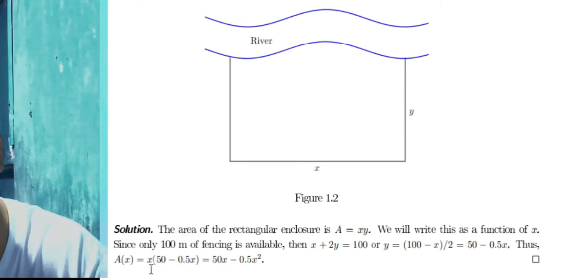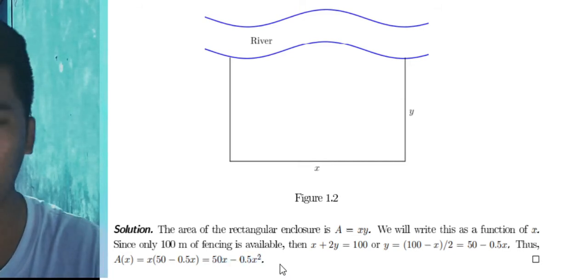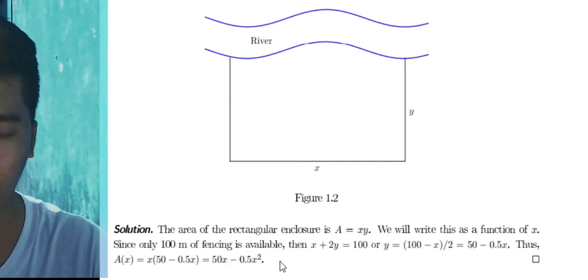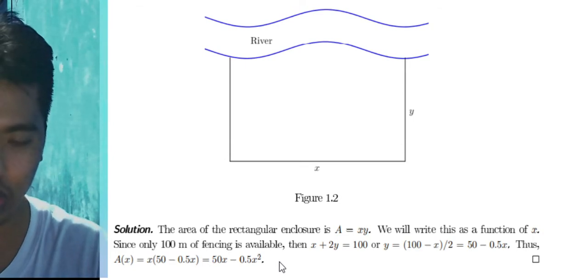In this particular example, you're going to distribute this x. So that would become 50x minus 0.5x squared. And that would be your final answer.